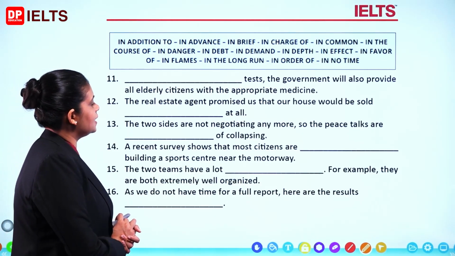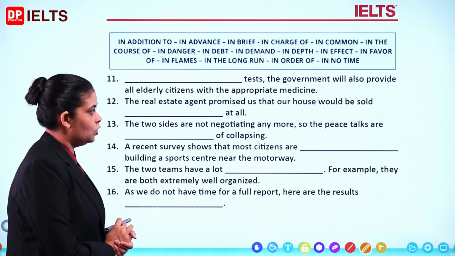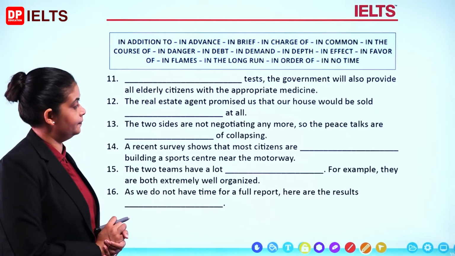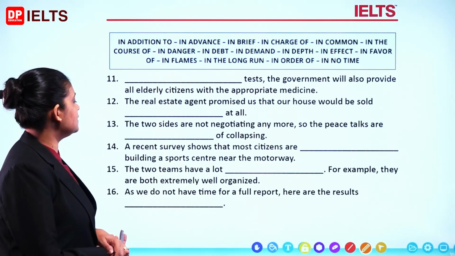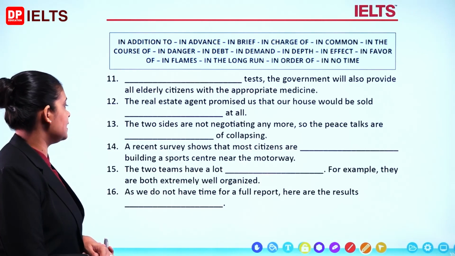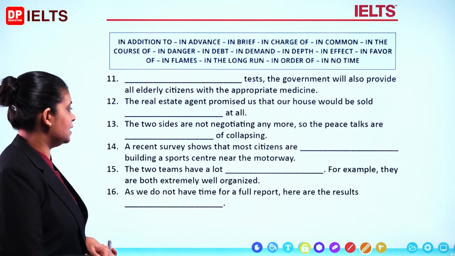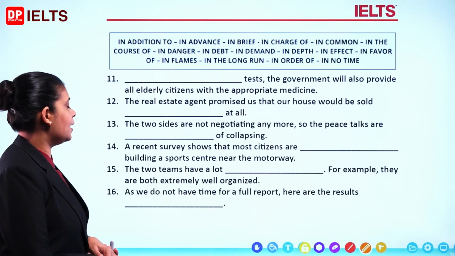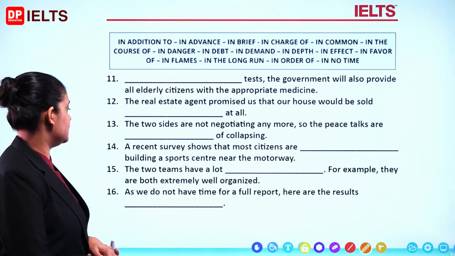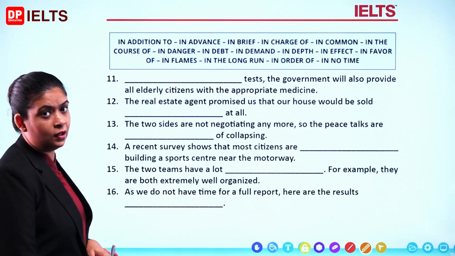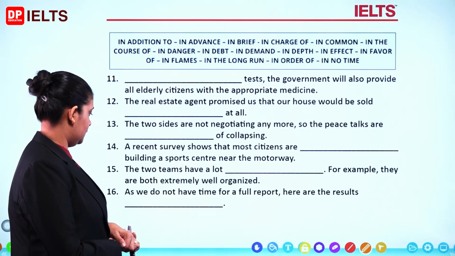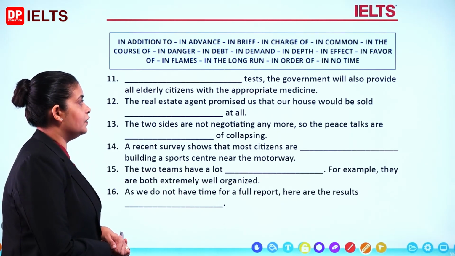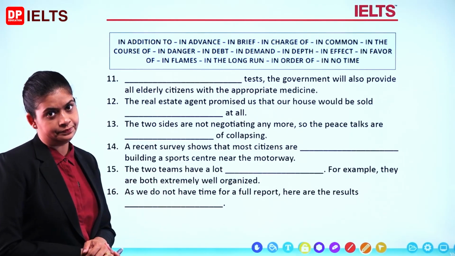The two sides are not negotiating anymore, so the peace talks are blank of collapsing. A recent survey shows that most citizens are blank building a sports center near the motorway. The two teams have a lot blank. For example, they are both extremely well organized. As we do not have time for a full report, here are the results blank.